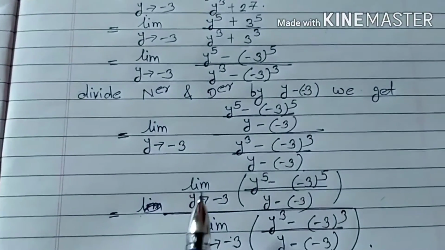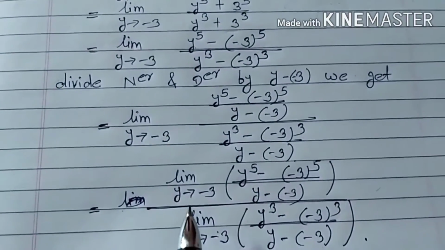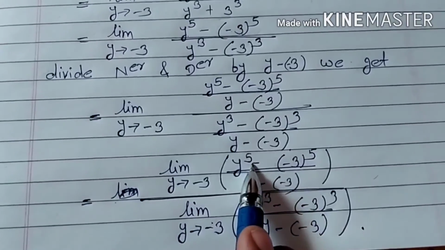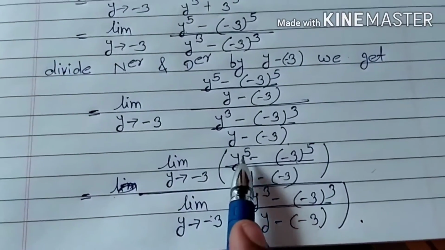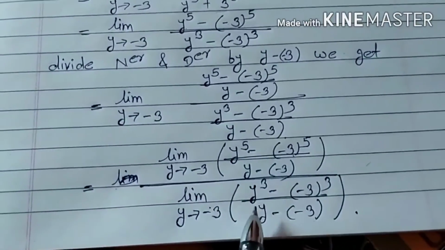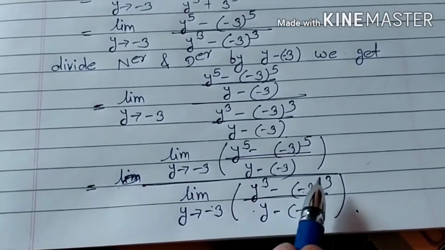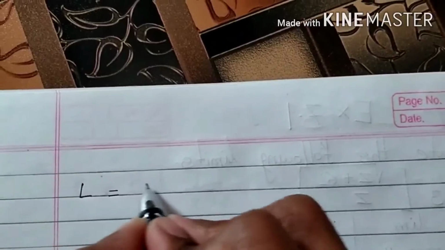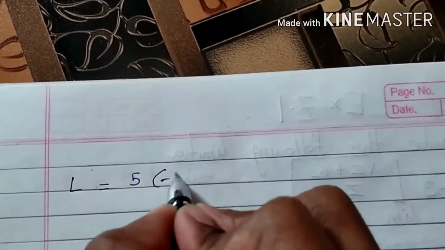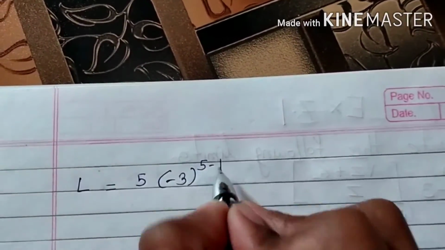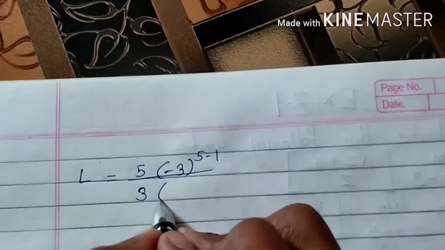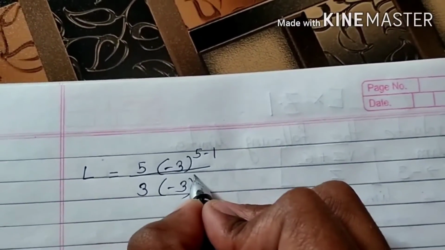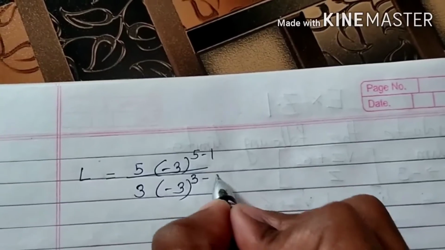So by using the formula, it is n a raised to n minus 1. So it is 5, a is minus 3 with power 5 minus 1, and 3 times minus 3 raised to 3 minus 1. So L is equal to 5 times minus 3 to the 5 minus 1, upon 3 times minus 3 to the 3 minus 1.